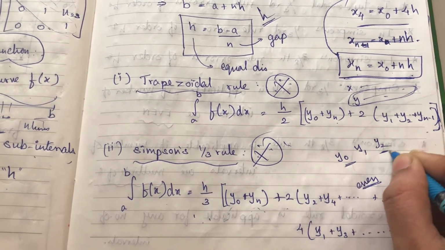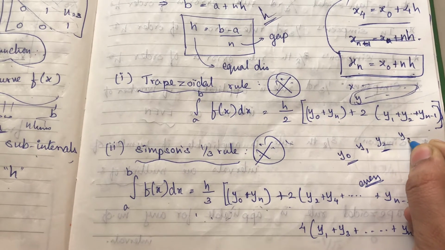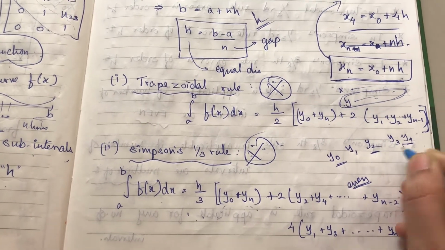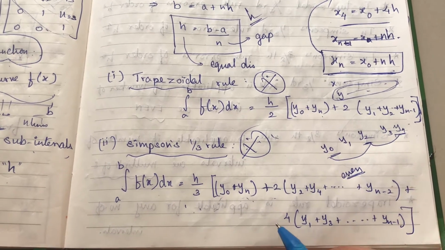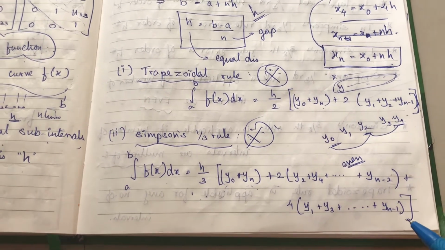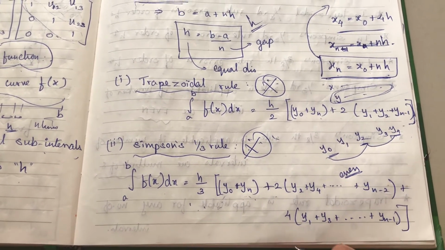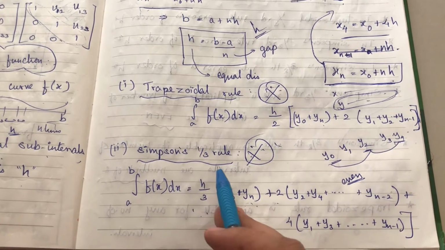So we need to take the even portion of y. So 2 times the even plus 4 times the odd. This is the 1/3 rule.